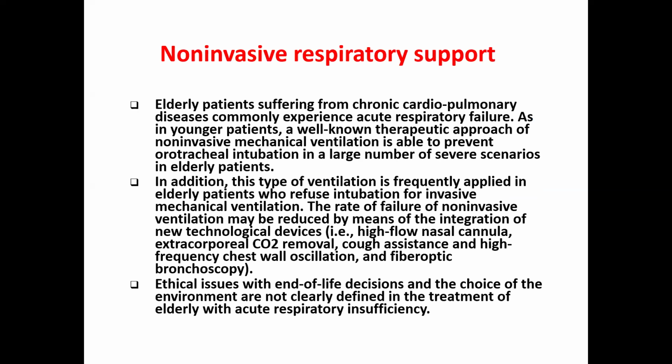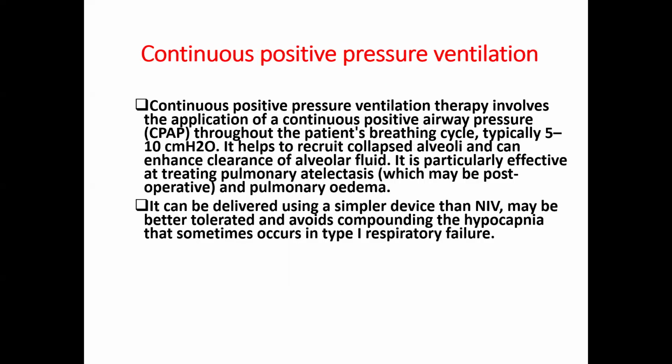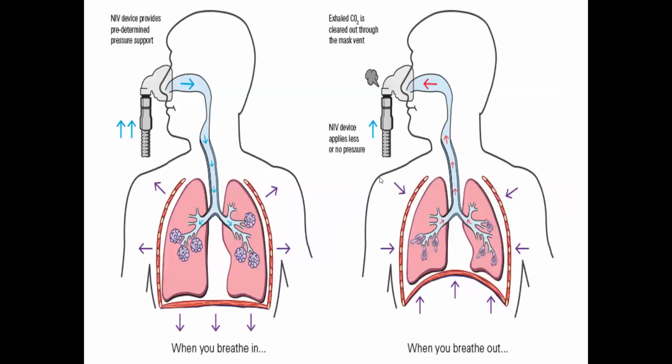Then we have the non-invasive respiratory support, like, for example, the CPAP, and this is used for type 1 respiratory failure, the one characterized by hypoxemia. CPAP machine, ResMed, the most famous company doing CPAP.